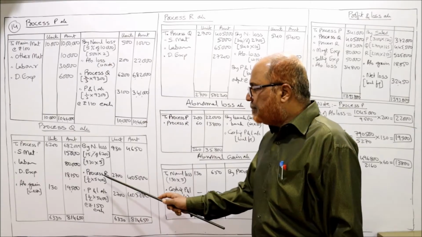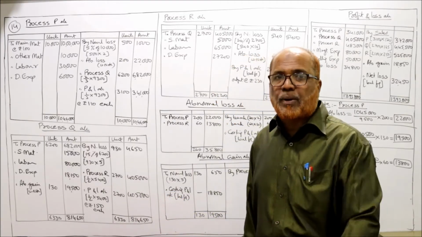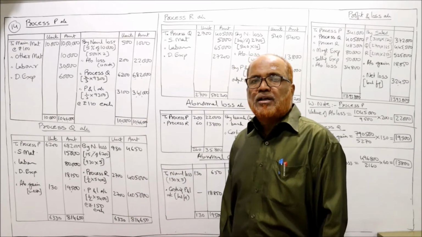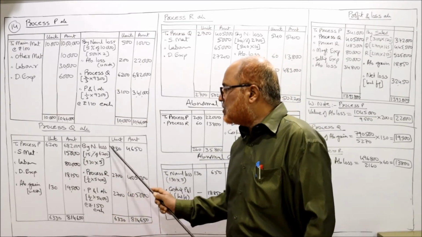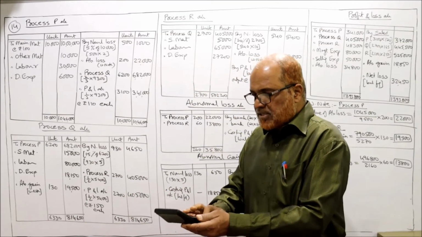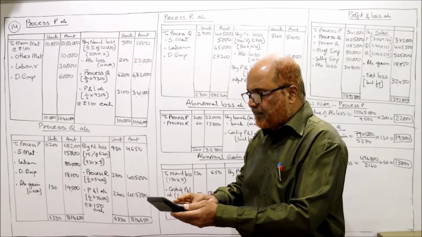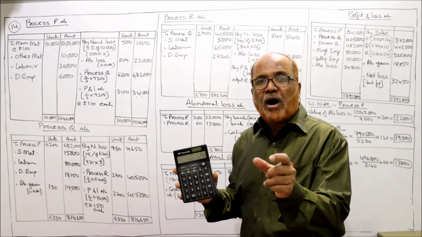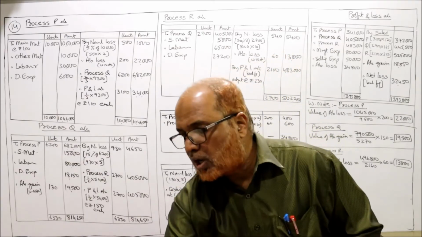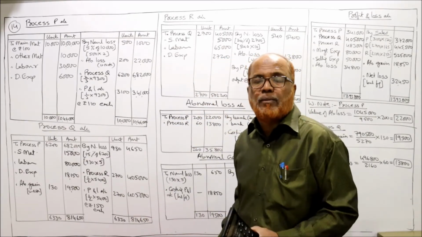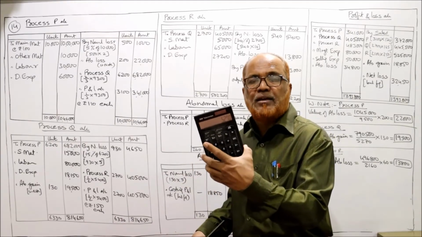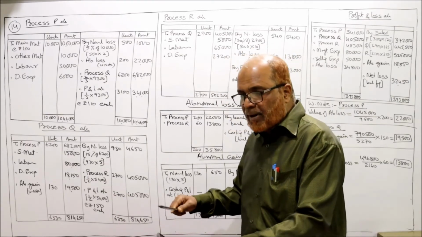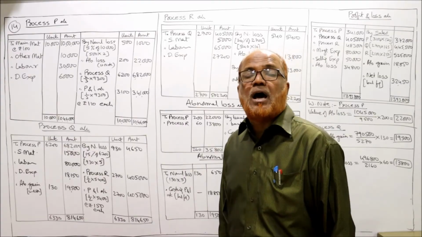Now it is given in the problem that the output of process Q is 5,400. Normal output should be 6,200 minus 930, which comes to 5,270. The normal output should be 5,270, but the actual output we got is 5,400, as given in the problem. So we are getting abnormal gain. 5,400 minus 5,270, 130 units is the abnormal gain.